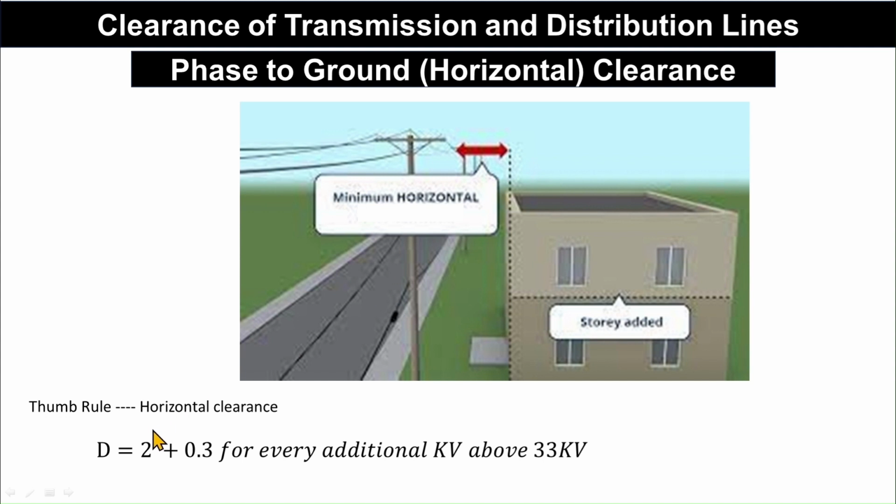The thumb rule for this is D equals 2 plus 0.3 for every additional kilovolt above 33 kV. For above 33 kV, for every addition of 33 kV, you have to add 0.3 meters for horizontal clearance.